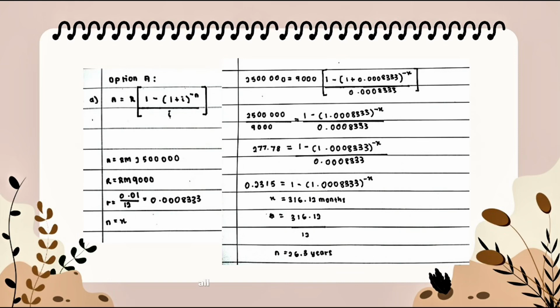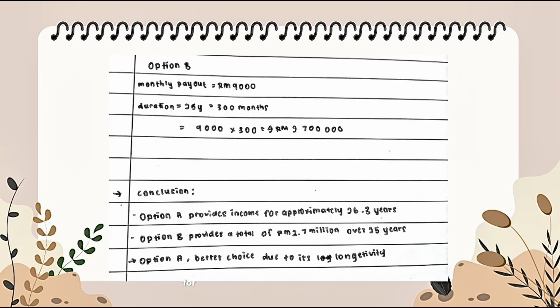So, all you have to do is substitute all the information into the formula, and lastly, you will get n equals 26.3 years. For option B, all you have to do is multiply 9,000 by 300 and you will get 2,700,000. In conclusion, the better choice is option A, due to its longevity.